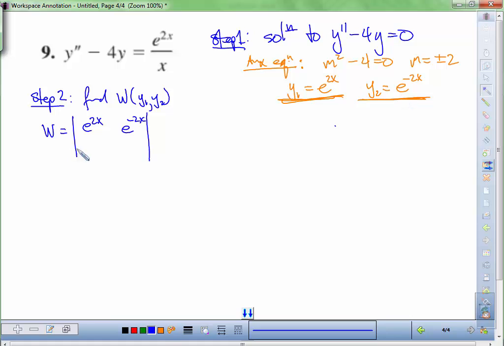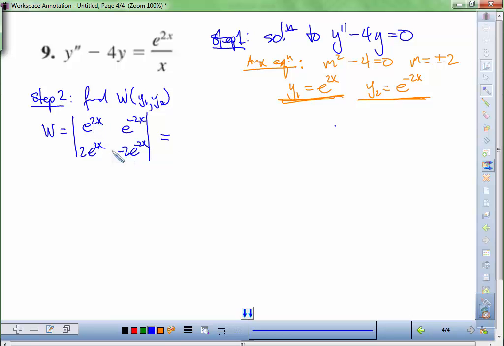So the derivatives are 2e to the 2x and negative 2e to the negative 2x. When you multiply e to the 2x times e to the negative 2x, what do you get? 1, right? You add the powers. 2x minus 2x is 0. e to the 0 is 1.